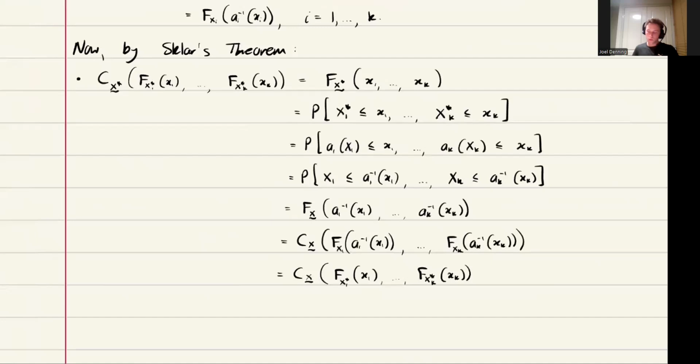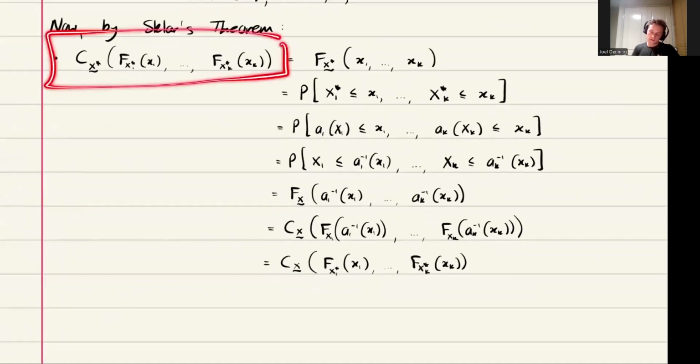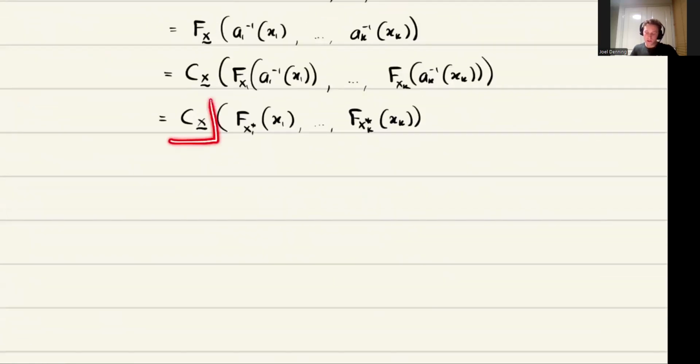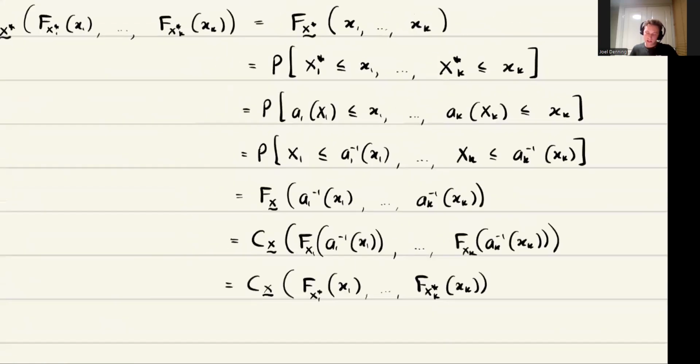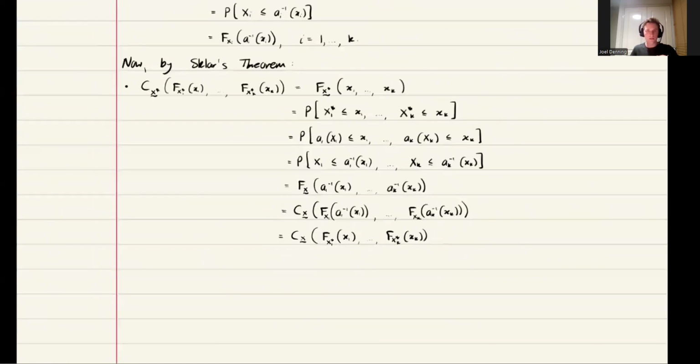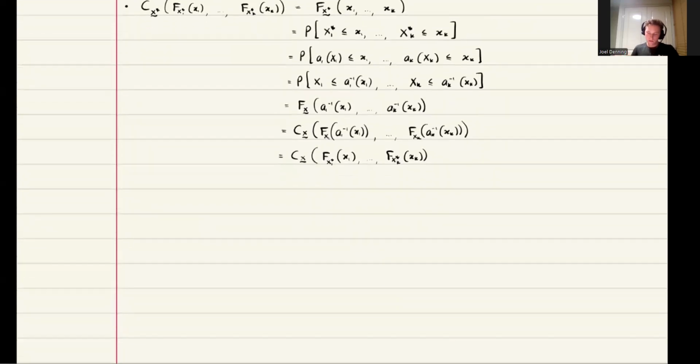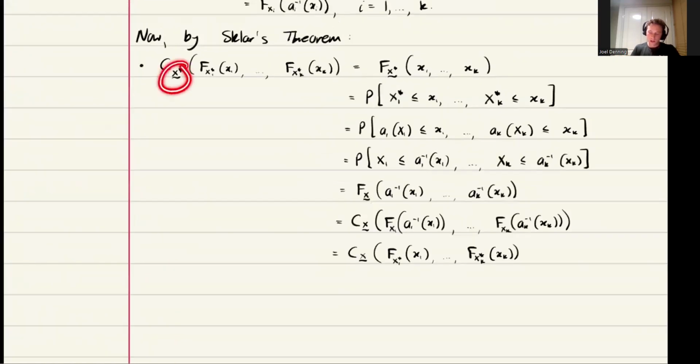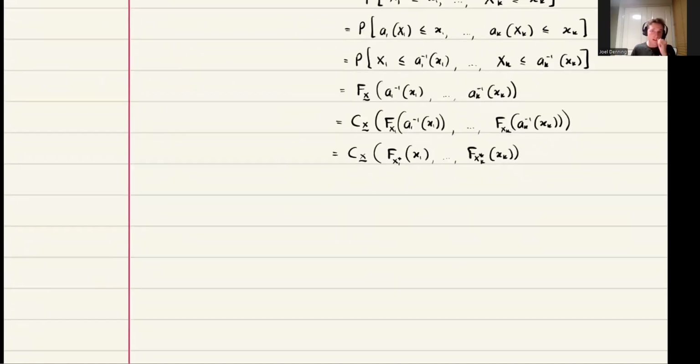So let's look at what we've got. On the left-hand side at the very start, we had the copula of our transformed random variable at all these arguments. And what we've arrived at is that that has to be equal to the copula of our original random variables, just x, but at the exact same set of arguments, right? The only way those two things can be equal is if those two copulas are the same thing. So we've shown that the copula for x star is the same as the copula for x, right? So that just means they admit the same copula.